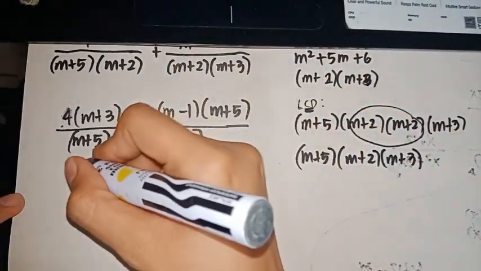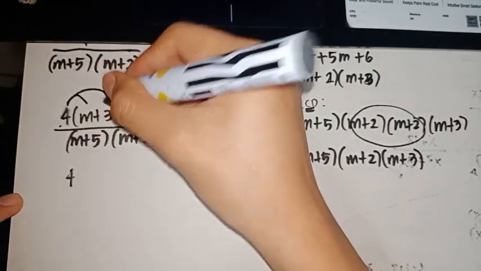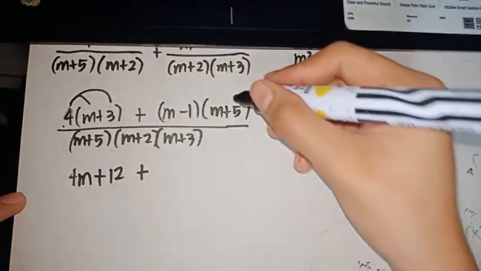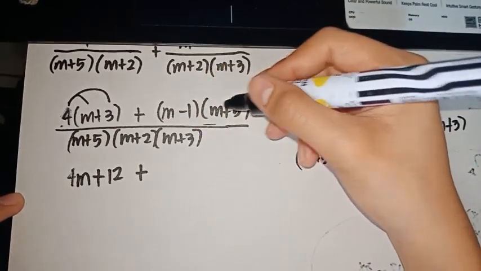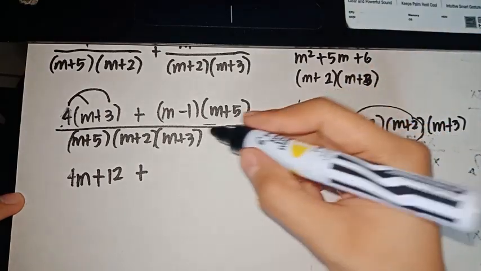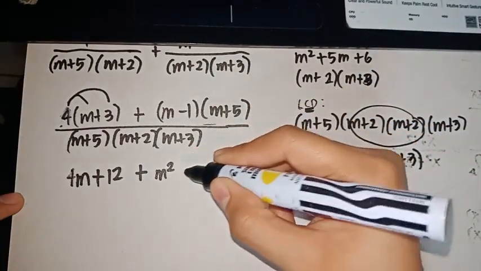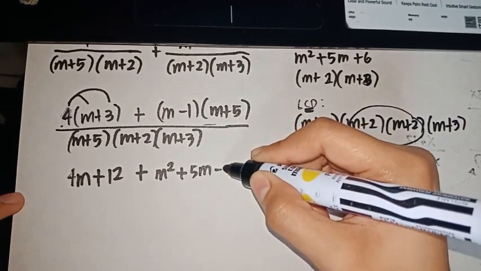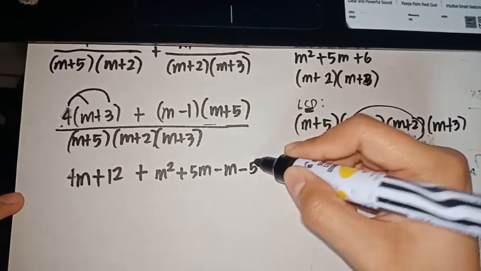Okay. So next, let's simplify. We have 4. Kindly distribute this. We have 4m plus 12 plus this one. Let's multiply two binomials. Now you can use the FOIL method if you want. We have m squared plus 5m minus m minus 5.